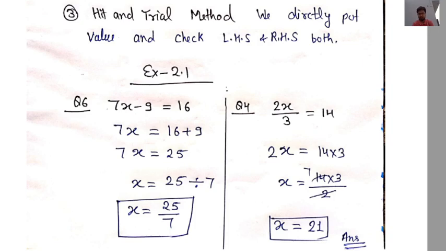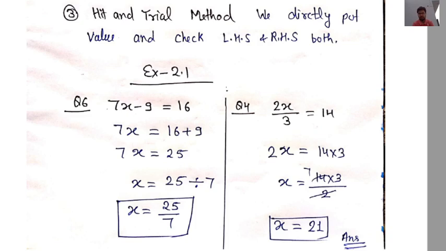When you take it to this side, it changes to multiply. So you write 3 as a multiplier: 14 into 3 I write here, and 2x is left. Now our task is to find the value of x only.